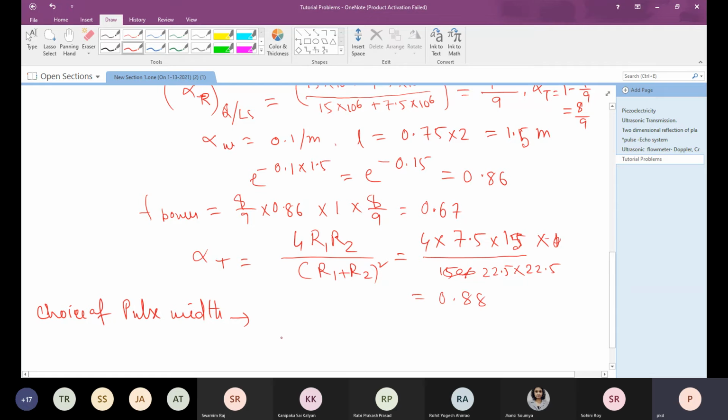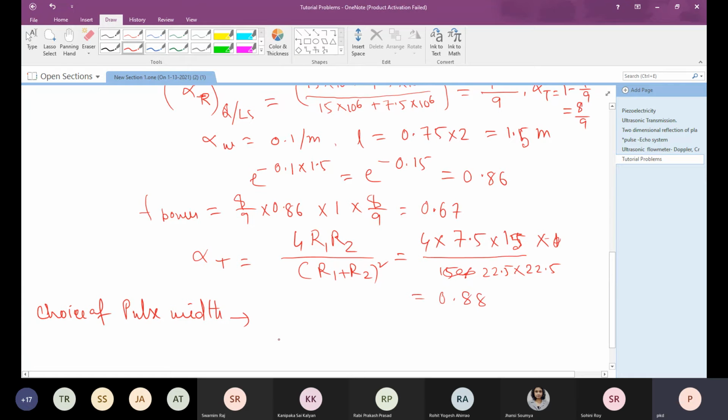So there are several things. First, we have to see that the natural frequency is given as 1 megahertz. So naturally, the pulse width has to be much more than the time period of 1 microsecond, which corresponds to the natural frequency.